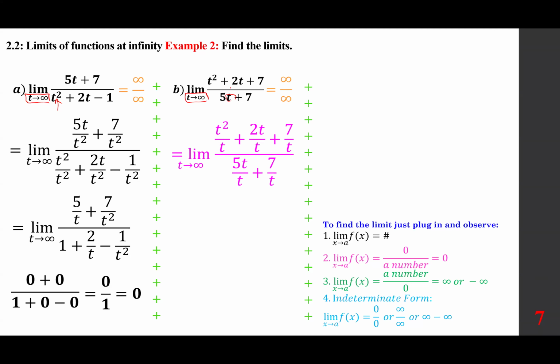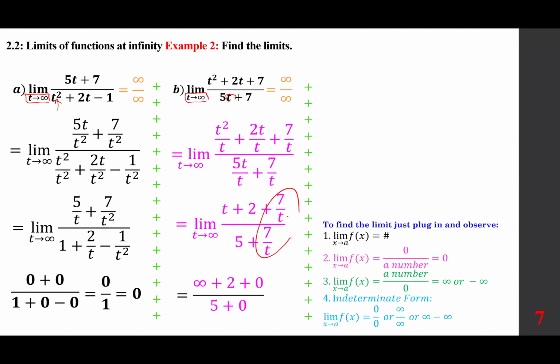And again, you simplify. These two pieces, of course, go to 0 because t approaches infinity. The numerator is infinity plus 2, or plus any number, is infinity. Divided by 5 or 5,000, it is still infinity. And that's the final answer.